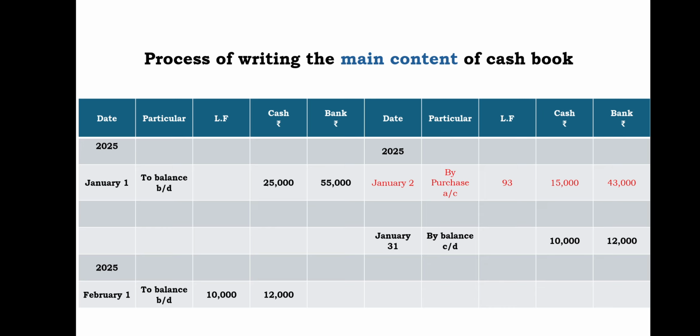So 10,000 in the cash and 20,000 in the bank. Sorry for the mistake. We have to write down cash 10,000, bank 12,000. I really apologize. So after making this correction, we have cash of 10,000 and bank of 12,000 when we start our new month.